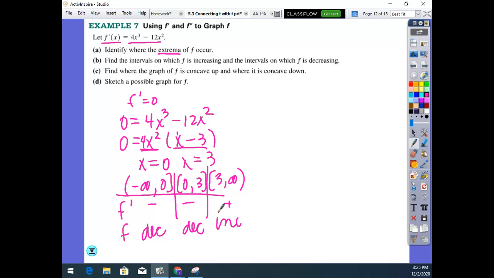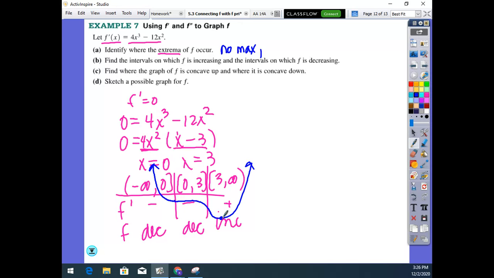Okay. So the extrema: decreasing, 0 slope, decreasing, 0 slope, increasing. All right, so that's our general shape. So that means there's no maximum because it's always going up. This was a false positive or false negative, whatever you want to call it.